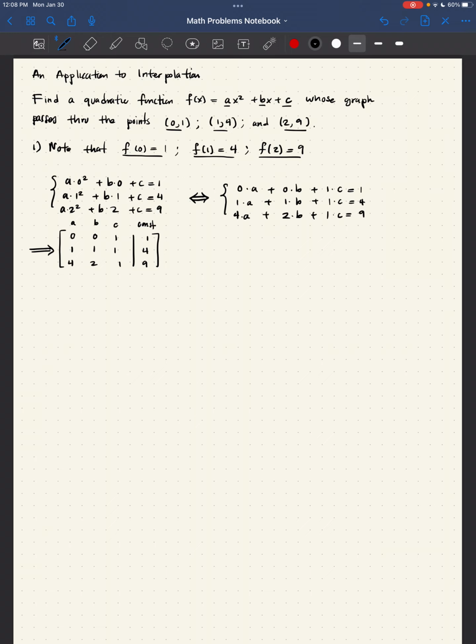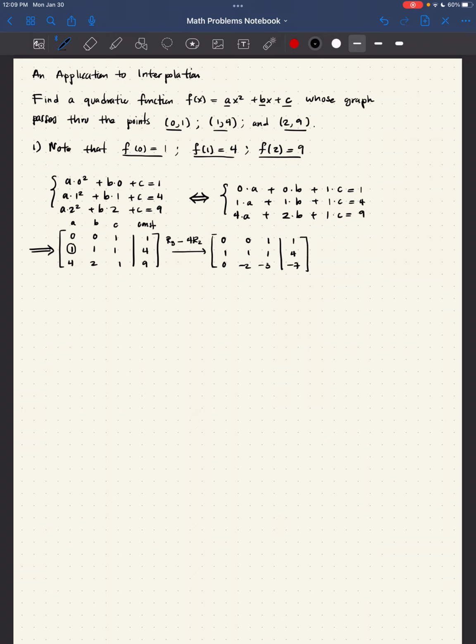As you can see here, we have a pivot that we can use to eliminate a few things. So the first operation that I'm going to perform is the following. To row number 3, I'll subtract 4 times row number 2, and I will obtain the following matrix: 0, 0, 1, 1, then 1, 1, then 0, negative 2, negative 3, and in this column 1, 4, and negative 7.